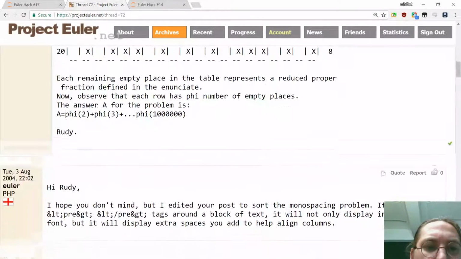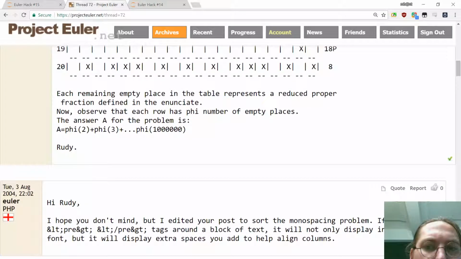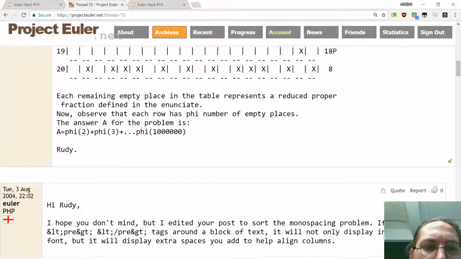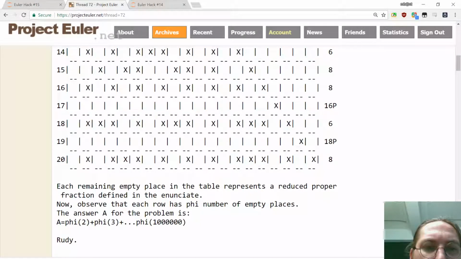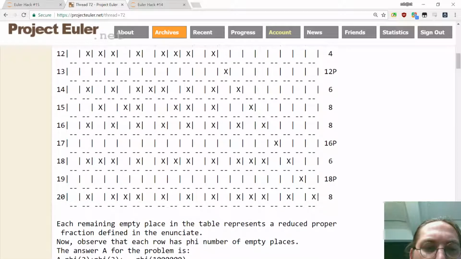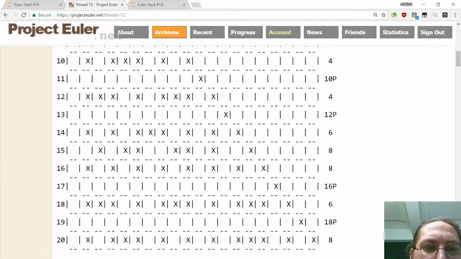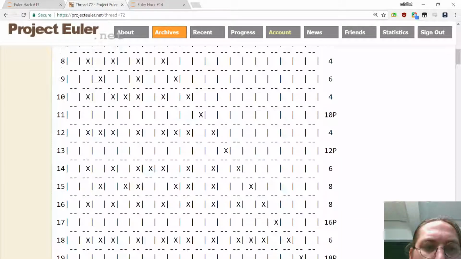Maybe I should read. Each remaining empty place in the table represents a reduced proper fraction. Now observe that each row has a finite number of empty places. Yeah, that's the coprimes. So for all numbers you need to find all coprimes.